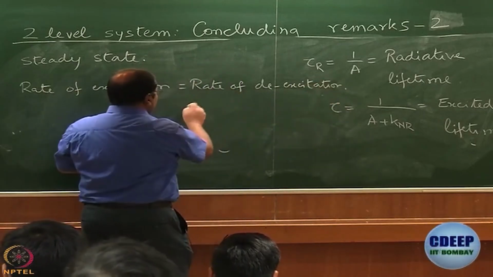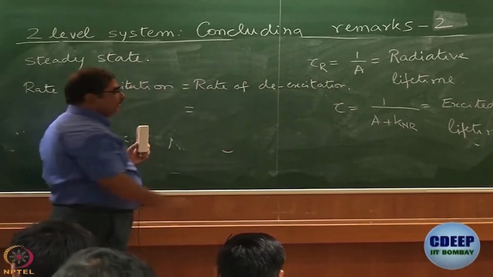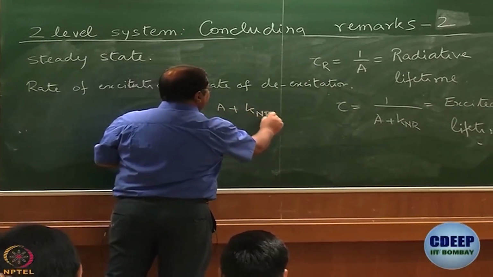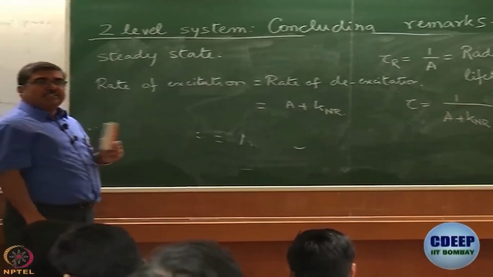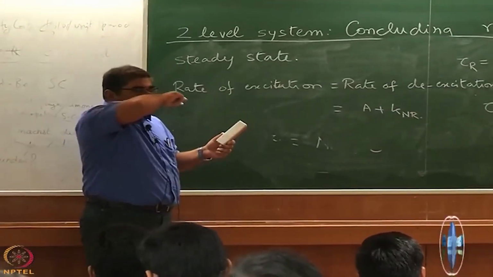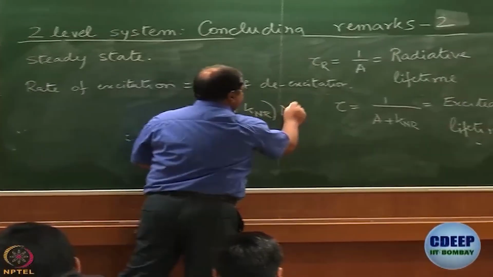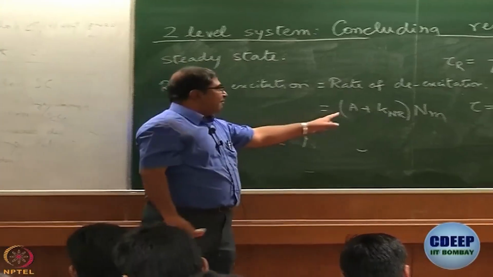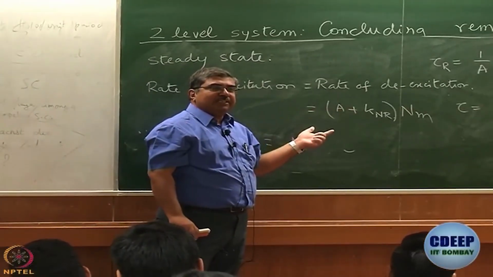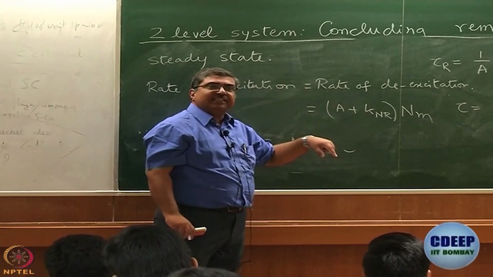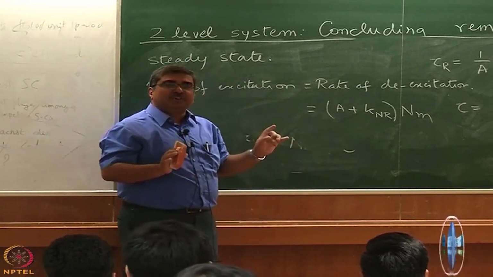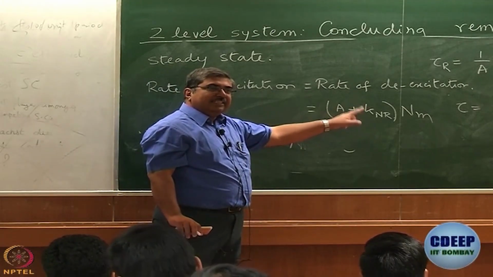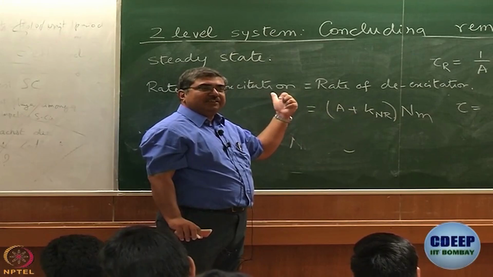So in steady state, what you can write is rate of excitation is A plus KNR, multiplied by Nm, the excited state population, is the rate of de-excitation of the excited state, right? And here I have considered radiative as well as non-radiative, all channels. So this is rate of de-excitation. At steady state, you can equate it to rate of excitation as well.